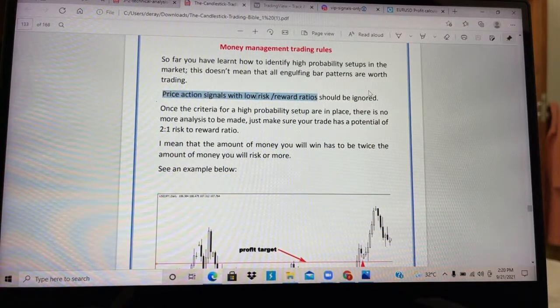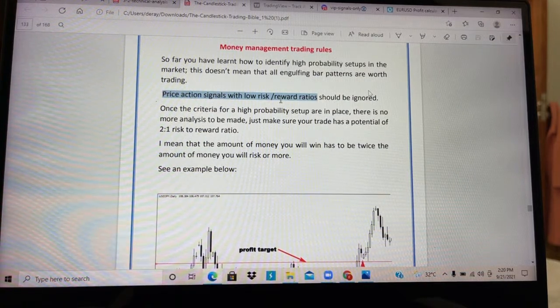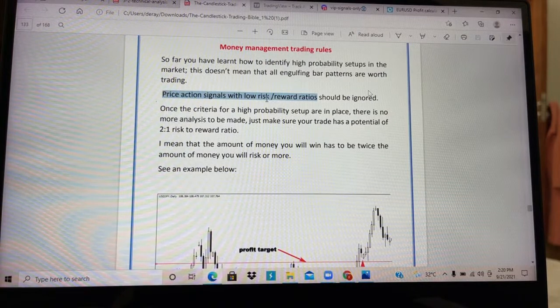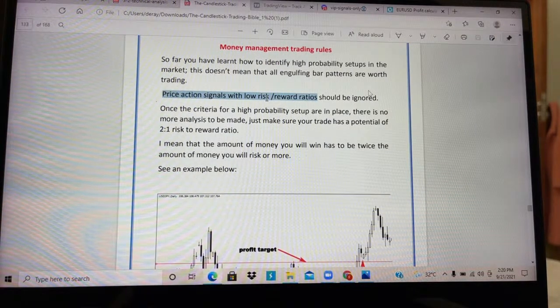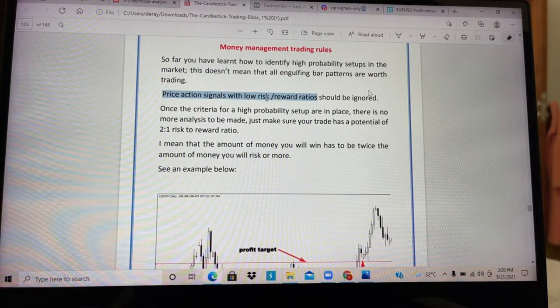In money management, in trading, and in our everyday life, you don't want to be risking more than what you can afford to lose. But at the same time, you don't want to be risking too much to get little.